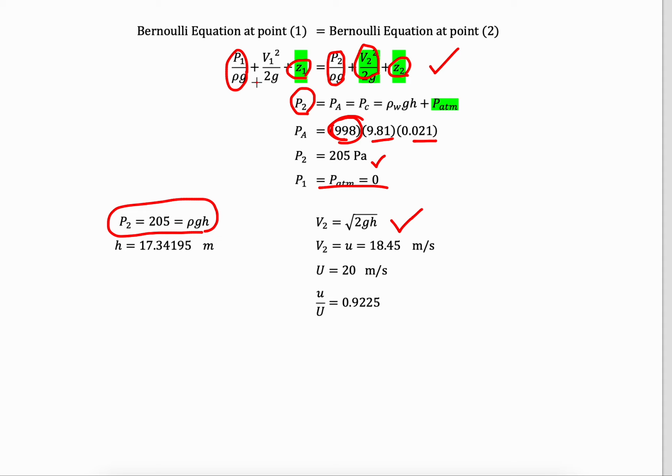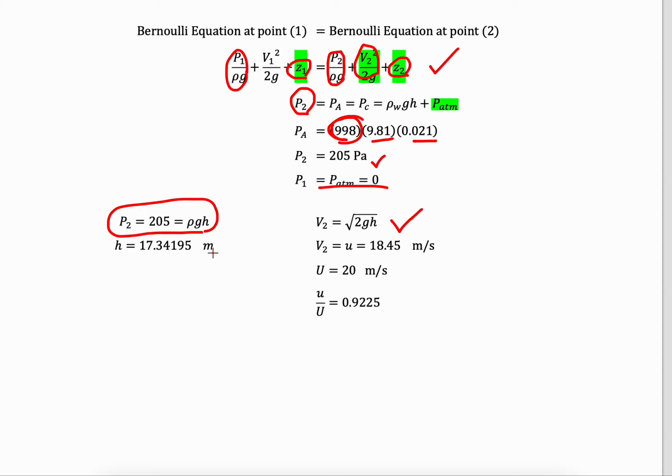So if the pressure here is equal to the velocity head, we could say that p over rho g is equal to v squared over 2g. And then we replace the pressure with rho gh, so the rho g can be cancelled. So we have an h here, and then the velocity can be calculated by the square root of 2gh. Okay, that is the idea of the Torricelli theorem.